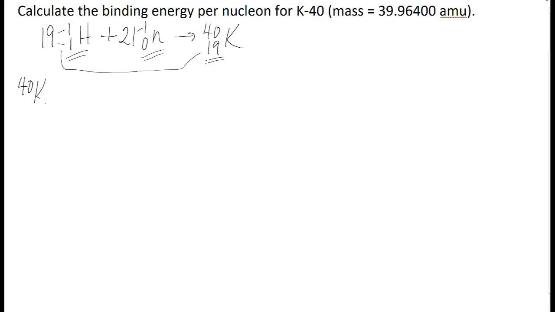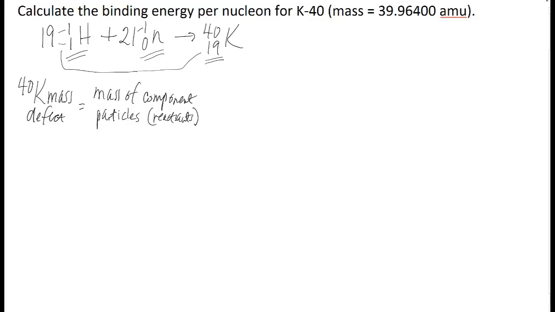You have your potassium-40 mass defect being equal to the mass of the component particles, and again that is all your protons, neutrons, and electrons, so I'm just going to say reactants, referring to the equation above, minus the mass of your formed nuclide. Formed just means that's what you have after all of those protons, neutrons, and electrons in the reactants get together to form the atom.